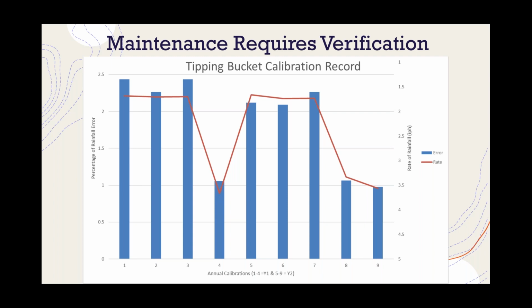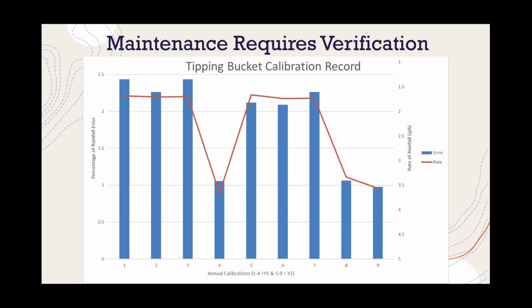A year later, there were 5 actual calibrations done on this one bucket. And we do more than one occasionally just to show consistency. In other words, are they just one and done? That's fine. But occasionally we run it 2 or 3 times to make sure that it's consistent.